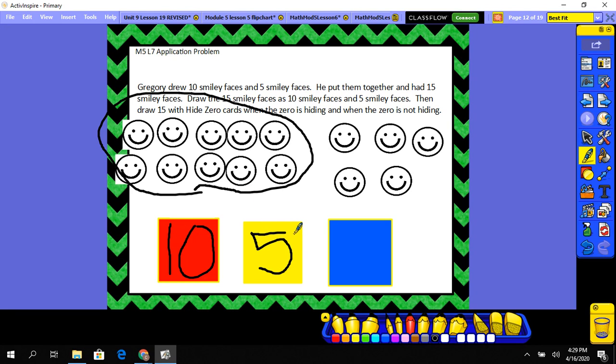Where did the 5 come from? The other group of smiley faces he drew. Now, if I was going to use these as hide zero cards, what is the teen number? 15. I write it 10, 5, but I hide the 0. You are so smart. Give yourselves a yee-haw.